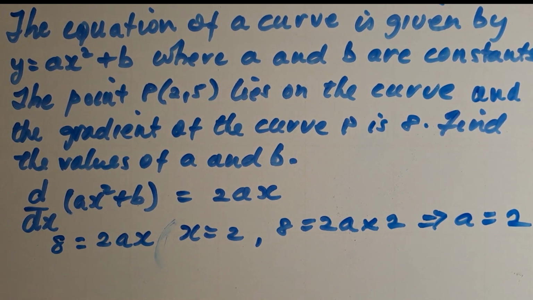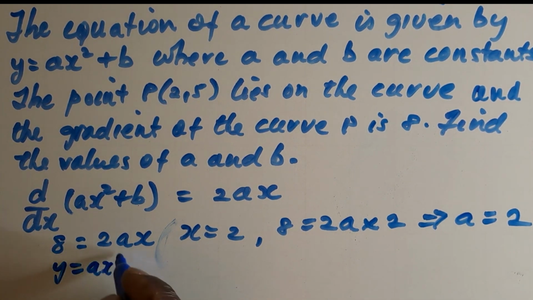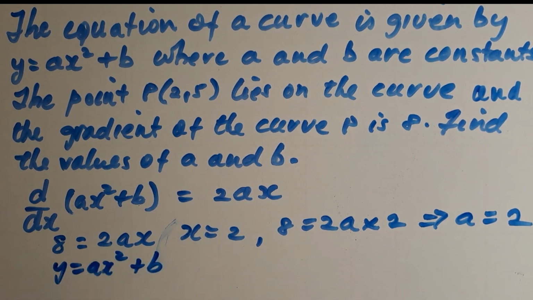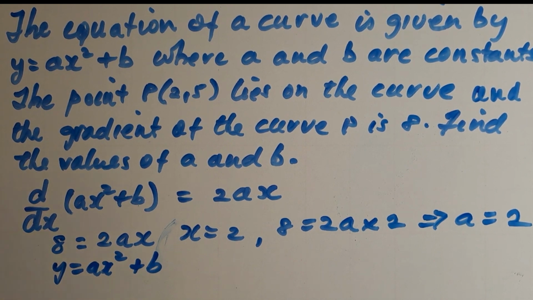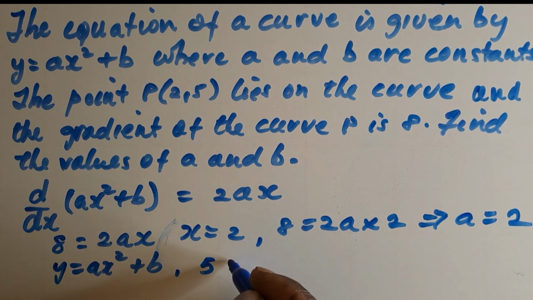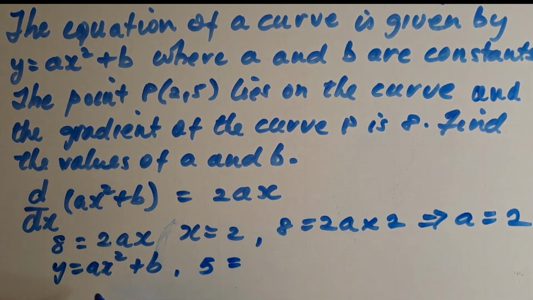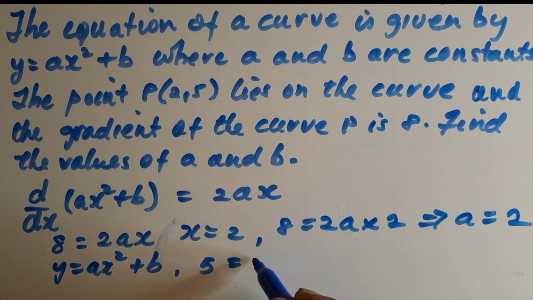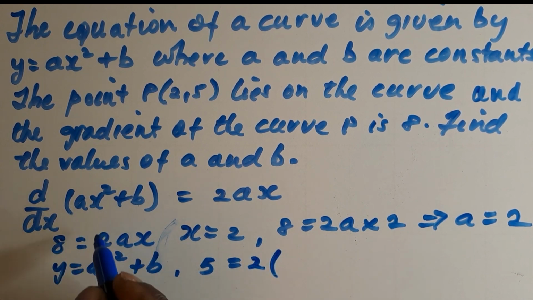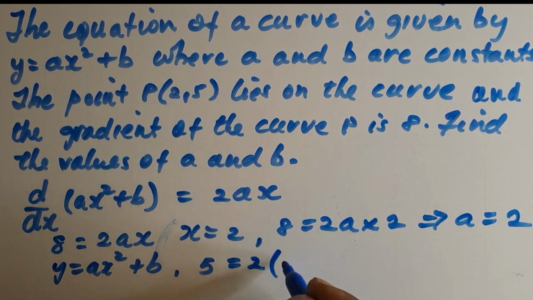Now we need to find b. Well, we know from the curve y equal to ax squared add b, we know what a is. We have a value for x, and we also have a value for y, which is 5. So we can write this equation as 5 is equal to a times x squared, sorry. So a is 2, and we know x squared is 2 squared because x part of the coordinate is 2.